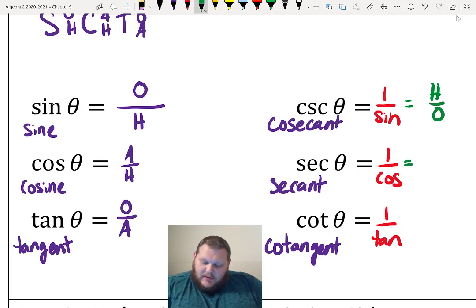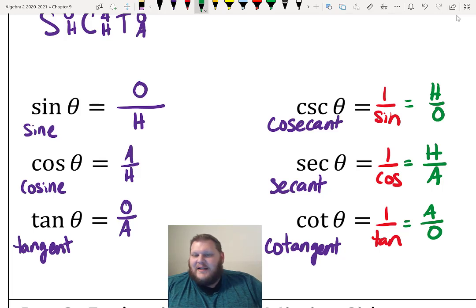Secant is the reciprocal of cosine, which means hypotenuse over adjacent. And then cotangent is 1 over tangent, which means this is adjacent over opposite instead of opposite over adjacent. So you can just see we're just flipping the fractions over.